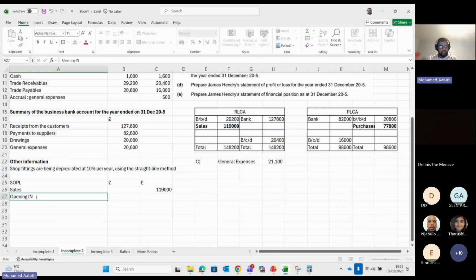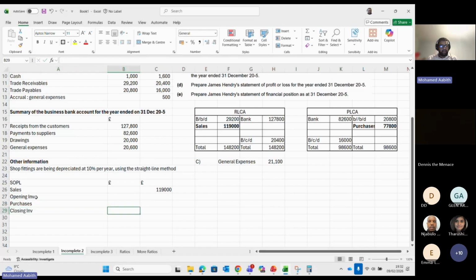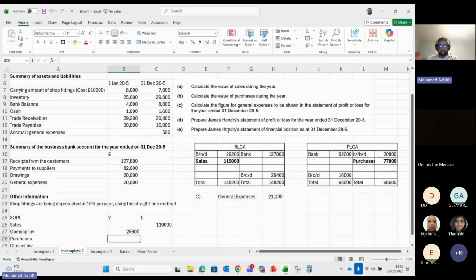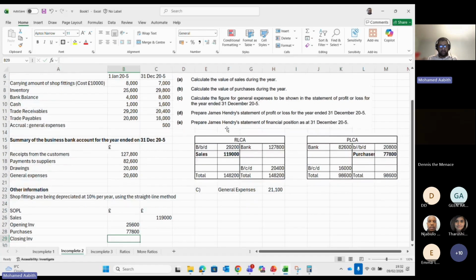Opening inventory, purchases, closing inventory. So what are the numbers we have now? Opening inventory at the beginning of the year was 25,600. Purchases is going to be 77,800. Closing inventory is going to be 29,800.